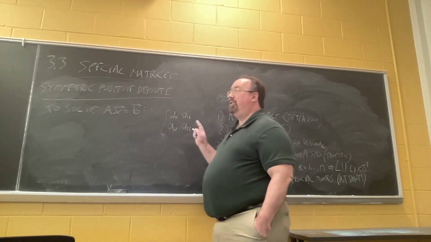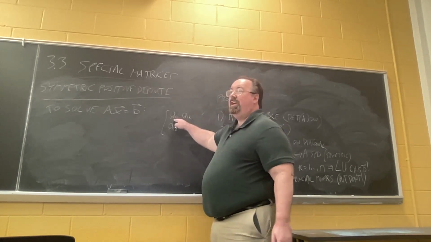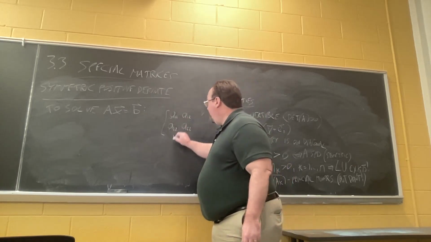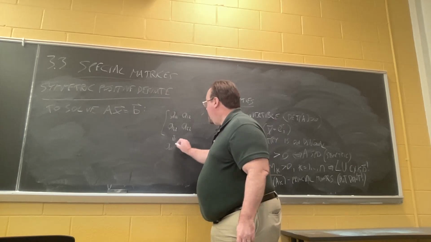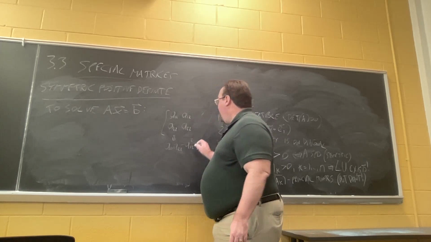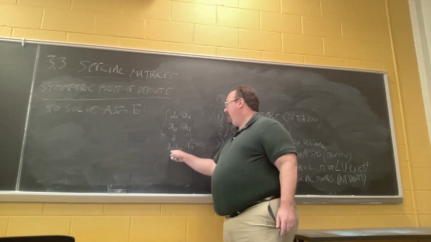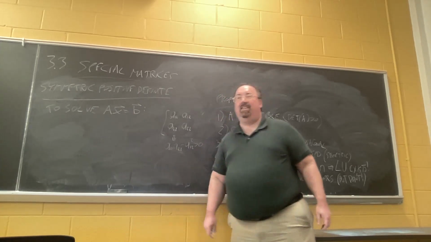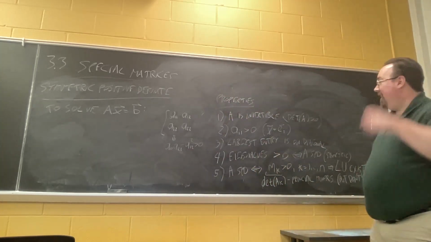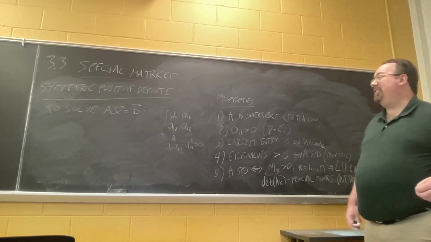The first principal minor is A11. The second principal minor is the determinant of this matrix, and it has to be positive. So we get the following: A11 A22 minus A12 squared has to be positive. One of these has to be a lot bigger than this for that to be true. So that sort of thing helps limit multiplier size.